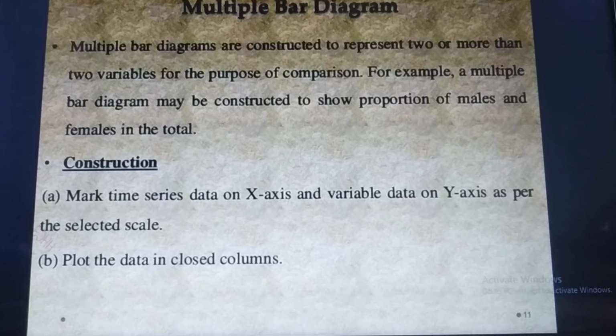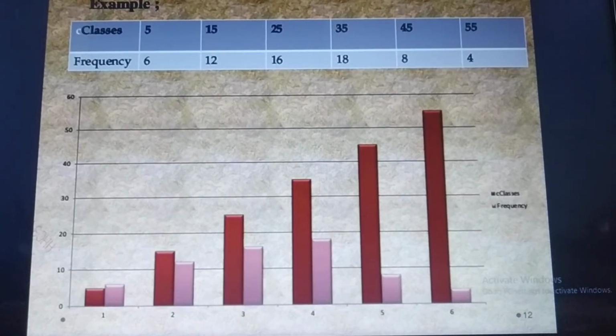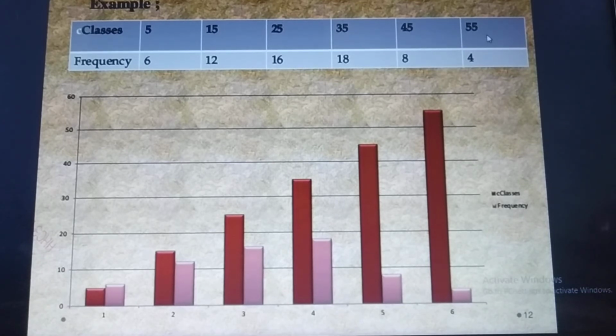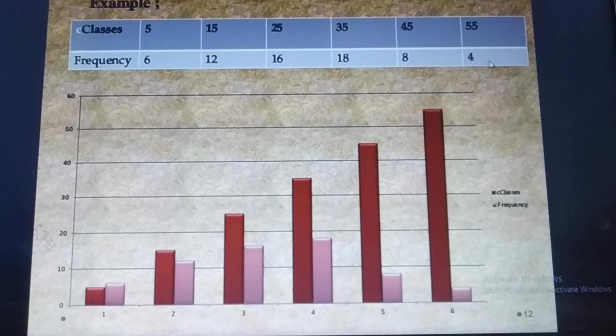Plot the data in closed columns. Example, class and frequency are given. Class interval 5, 15, 25, 35, 45, 55. Frequency 6, 12, 16, 18, 8 and 4.